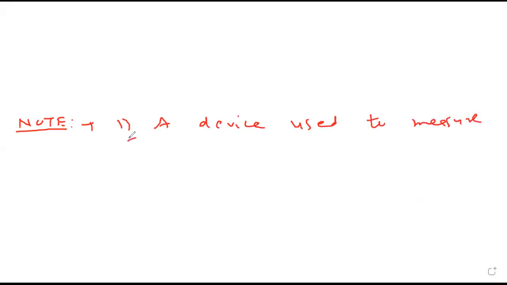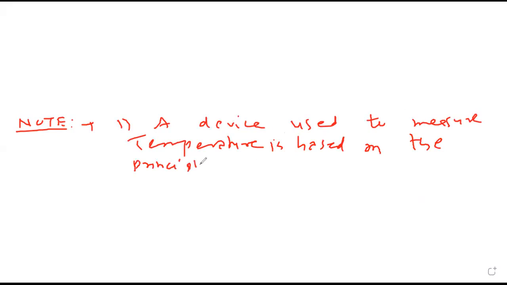Suppose they ask a one-liner question like this. A device used to measure temperature is based on the principle of dash. What will you write? A device used to measure temperature is based on the principle of dash.